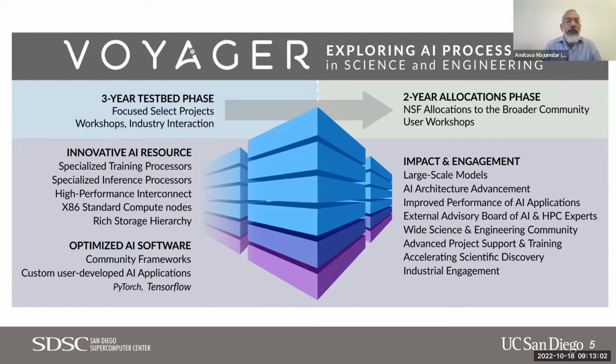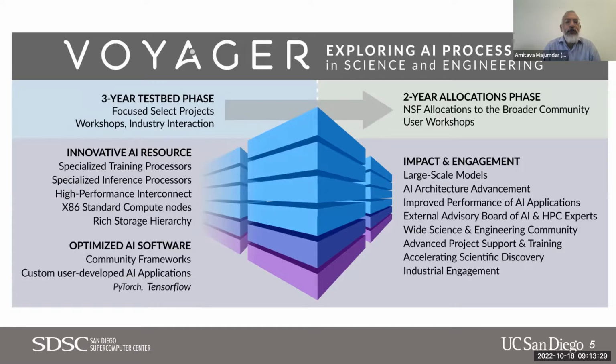But the first 3 years is the testbed phase where, given its innovative architecture, we want to work with a select group of users over a period of a few months, jointly with SDSC experts and, as needed, with Habana experts, to port, optimize, scale, and explore various architectural features of the Voyager machine jointly with you, the research group.